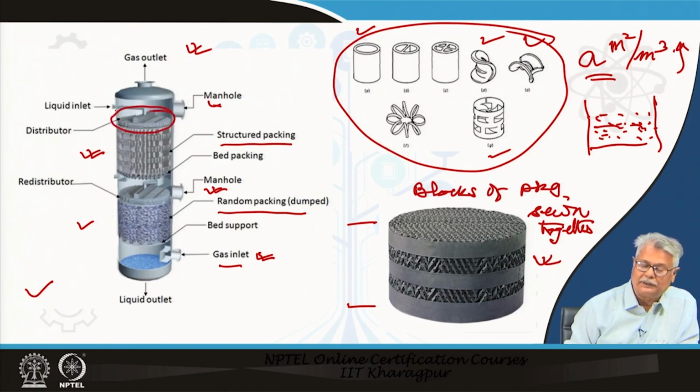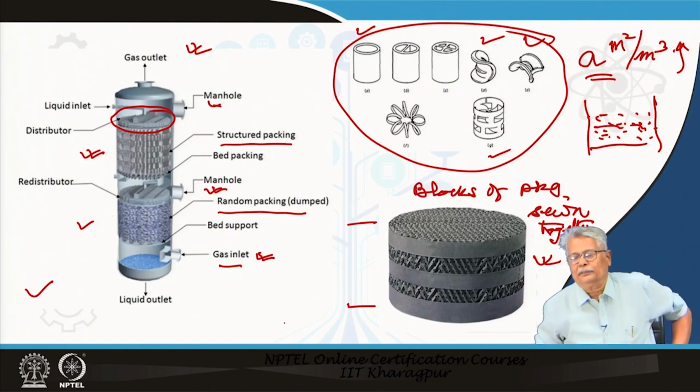In fact, in case of any packed bed, distribution of the liquid is extremely important. If uniform distribution is not ensured, part of the packing will remain unutilized and possibly your total efficiency of contacting will fall drastically.